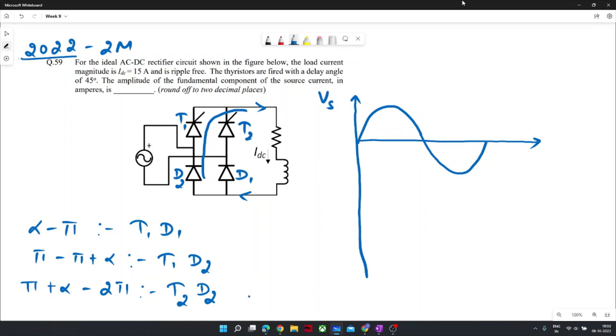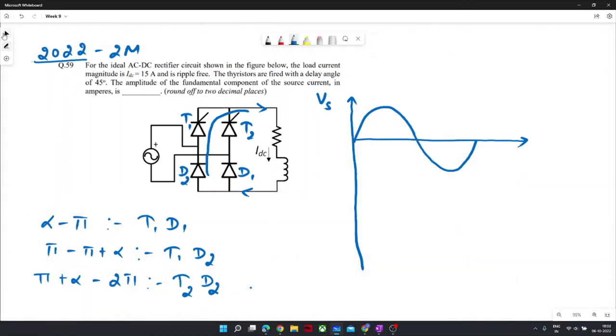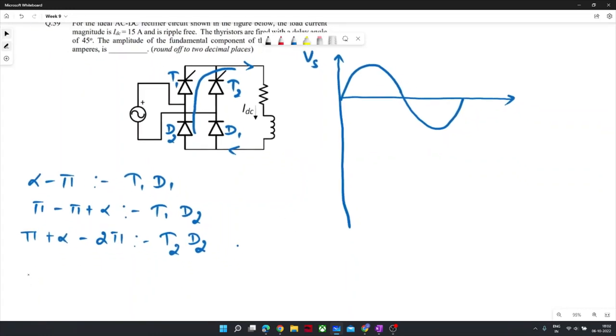In the same manner, for one more instance, from 2 pi to 2 pi plus alpha, or you can say 0 to alpha, both are the same, D1 will start and T2 was already conducting. So from 0 to alpha, D1 and T2 will freewheel the load current. Now we all know which devices will conduct for which instance, so based on that, we will draw.